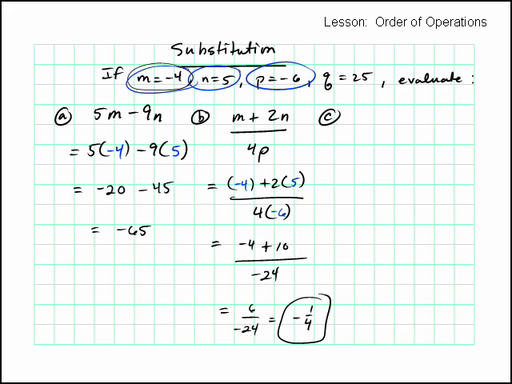One more example. -3m cubed minus n squared square root q. So once again, I'm going to replace all those variables with parentheses first. And actually, that q under the square root, I don't really need parentheses there, but I'll put them in anyway. Once again, the m is replaced with -4, the n with a 5, and the q with the 25.